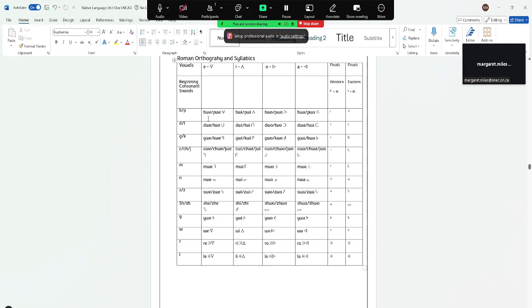So on the top, pwe, pwe, and the syllabic writing is the dot next to the syllabic. So here you can see the W between B and E.